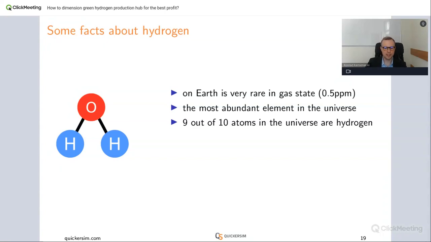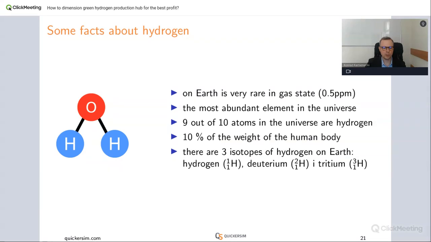And then it was transformed into heavier elements in the centers of stars, but still hydrogen is the most abundant element in the universe. And here on Earth, we must find an efficient way to produce hydrogen because we cannot just grab it from the universe. An interesting fact for me was also that 10% of human body weight is thanks to hydrogen.